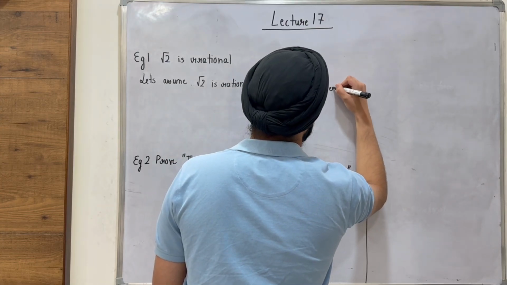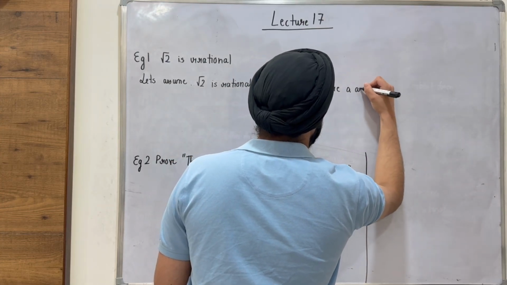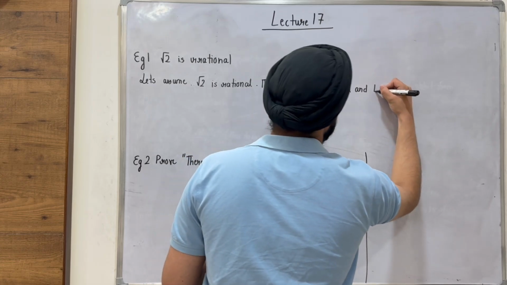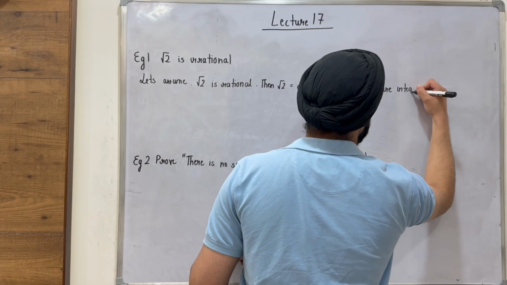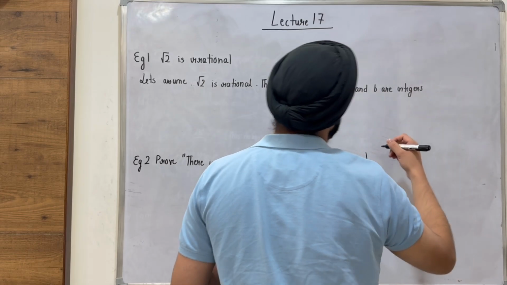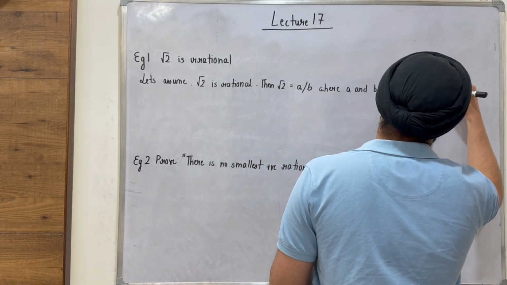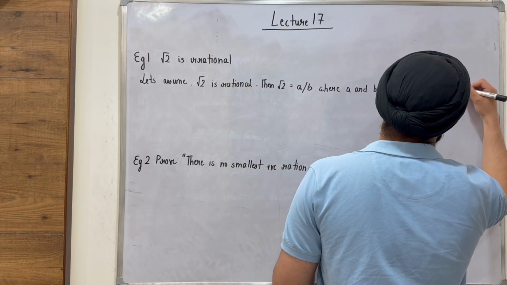where a and b are integers and in the simplest form.